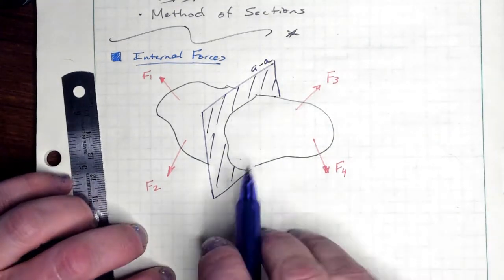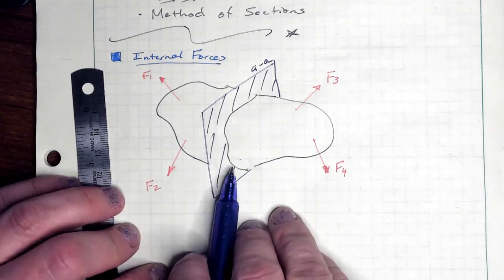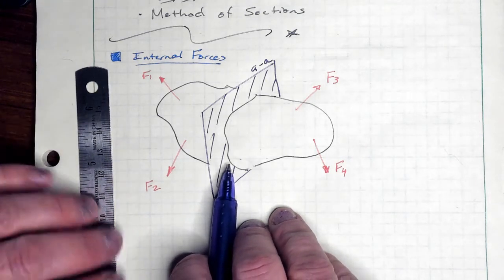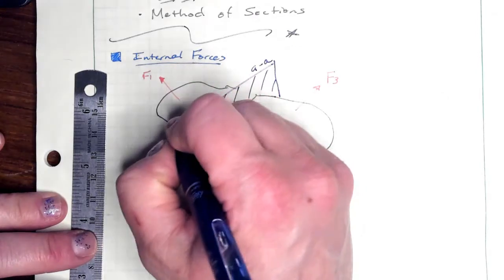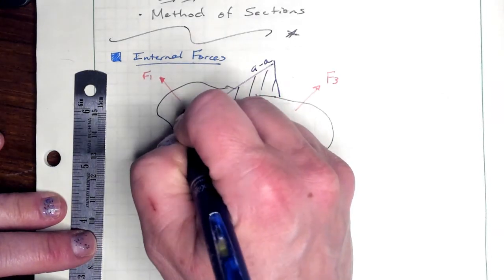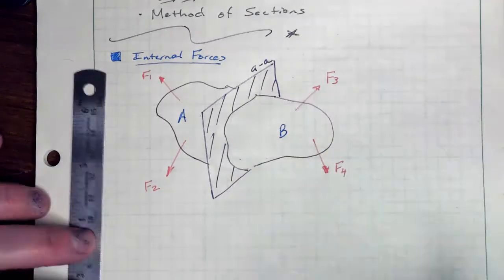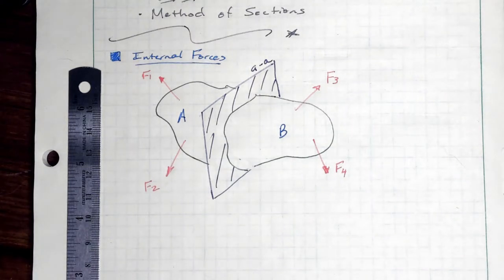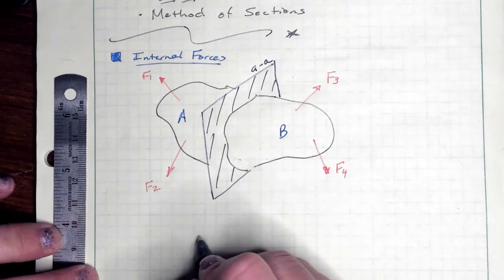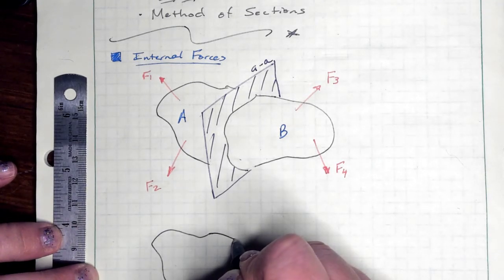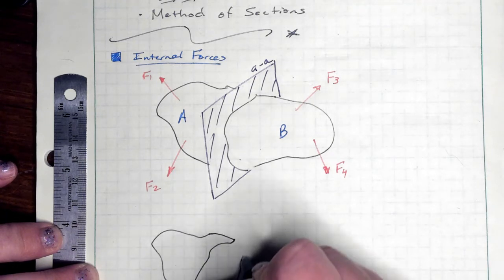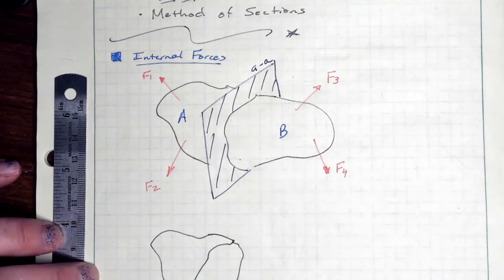Okay, so we have a body, we have a plane that's now sectioned it. Let's take a look at one side of it. Let's call this the A side, and let's call this the B side, just for our own notations. Those are not points. So let's look at A. Maybe it looks kind of like that.